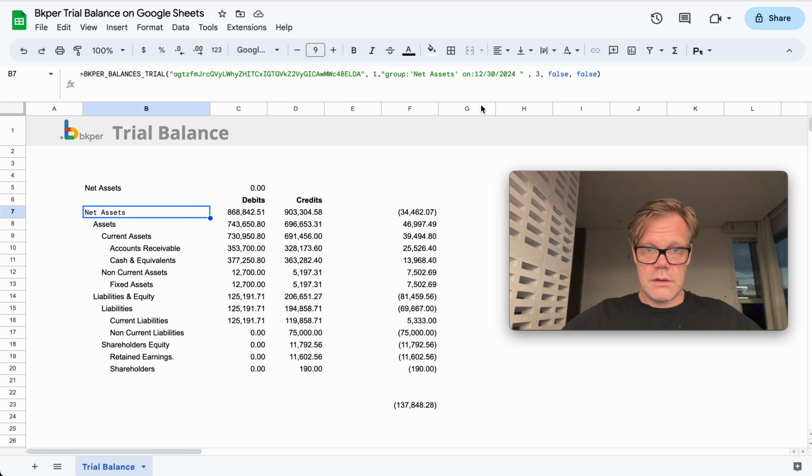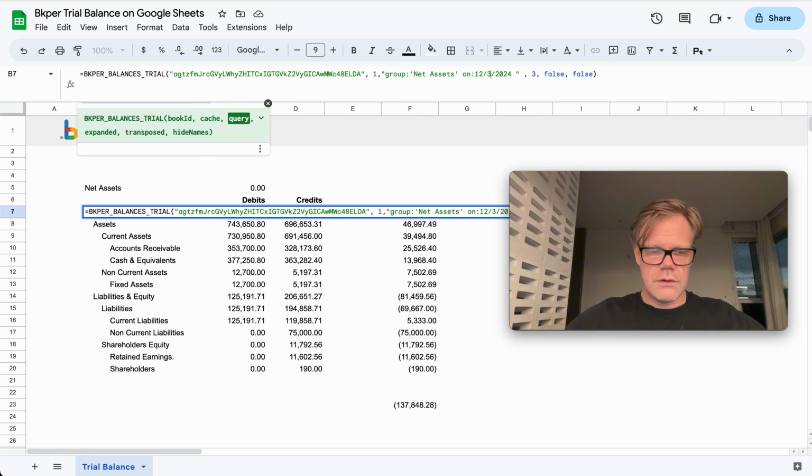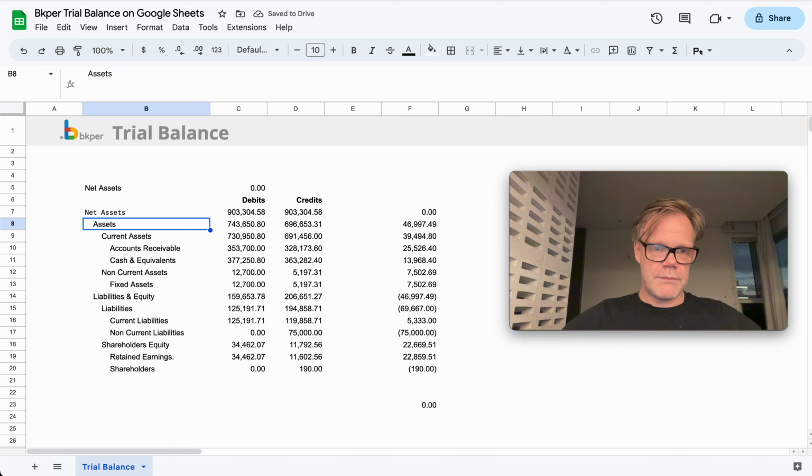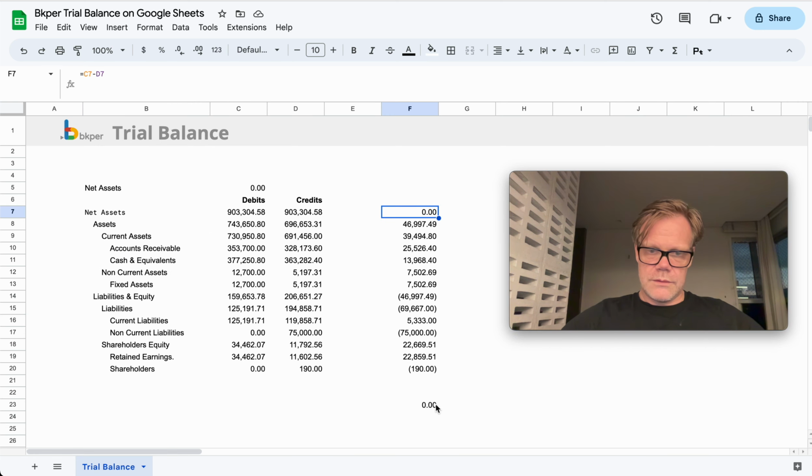Okay, so the total already gives a nice 0 result, and the trial balance should give the same, which is correct.